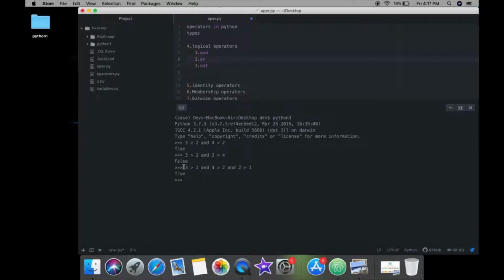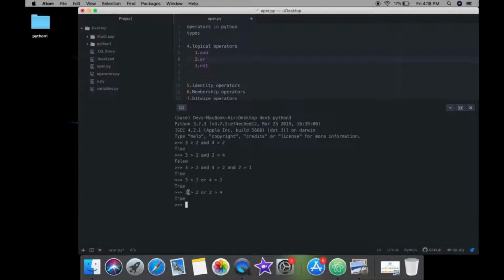OR is something like if I have 3 greater than 2 or 4 greater than 2, here I have both the conditions true, so I will get true. But in the case of OR, it means either this one or this one, or we can have both. So if we have 3 greater than 2 or 2 greater than 4, here the second condition is false, but when we run this we will get true.